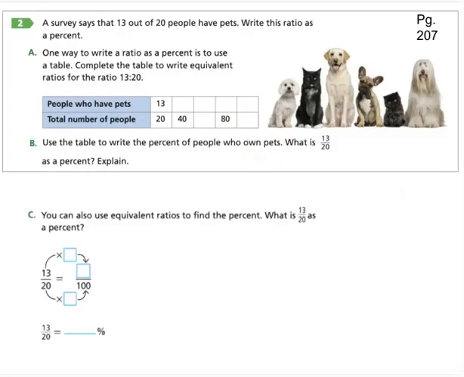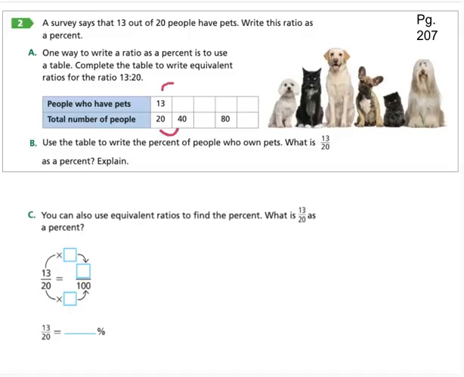Next, page 207. You can use a ratio table, or you can use equivalent ratios to figure out how many out of 100, which is your percent. So for the ratio table, they are going to multiply by 2, by 3, by 4, by 5. So this right here is times 2.